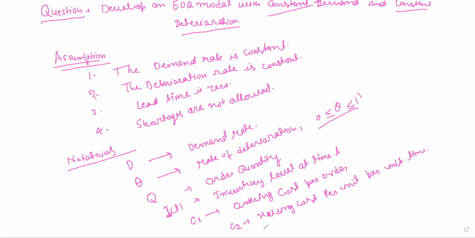Okay. Now there is one more cost which is related to deterioration. So C3 is deterioration cost per unit time. Okay, and the last one, T, which is cycle length.